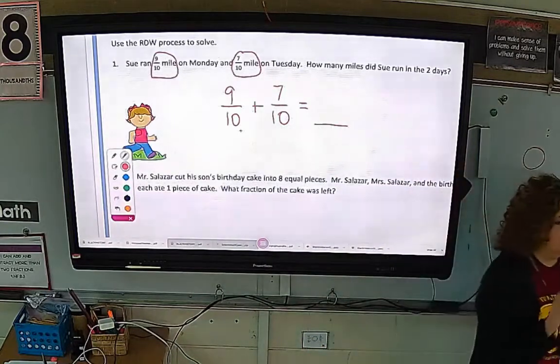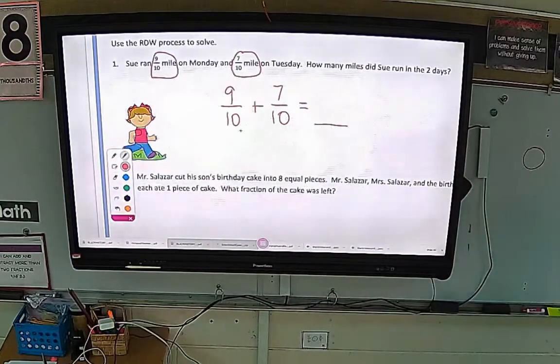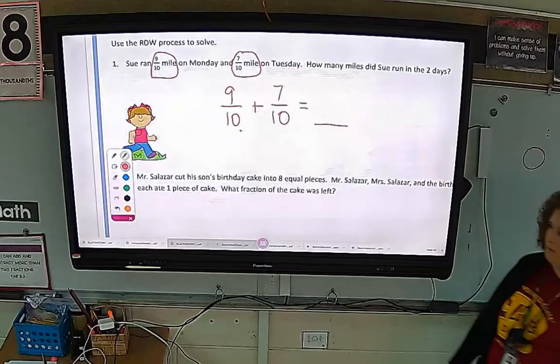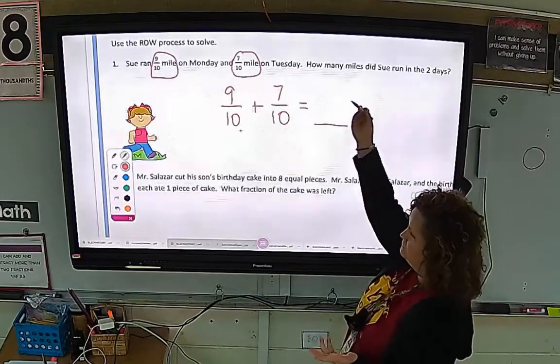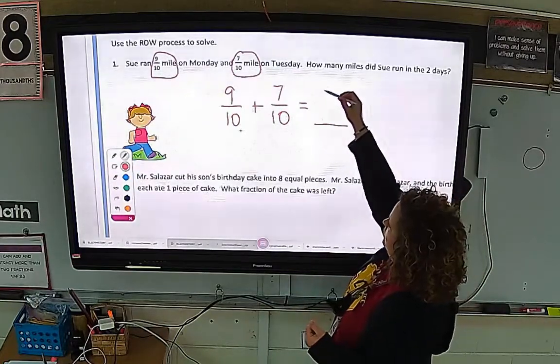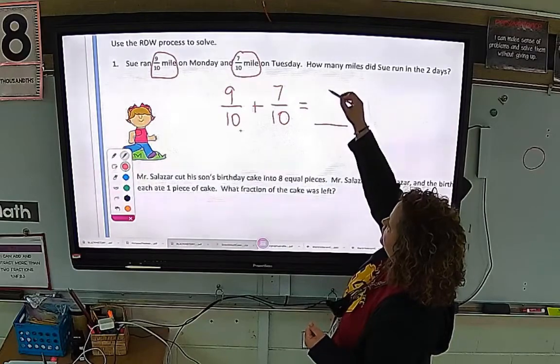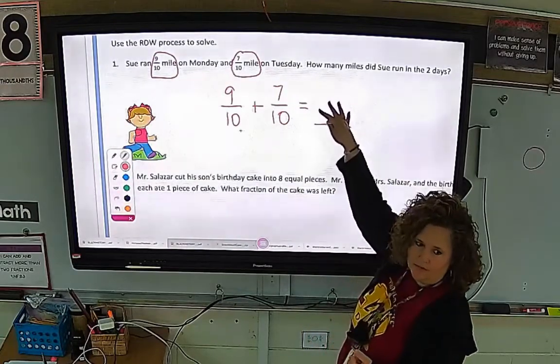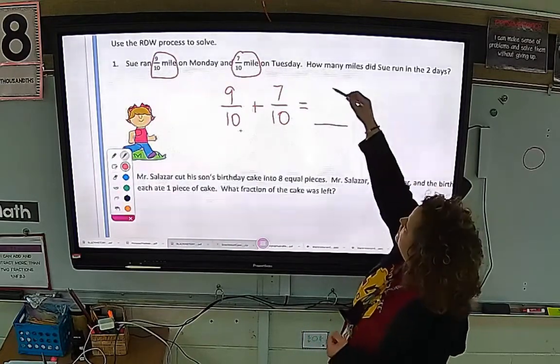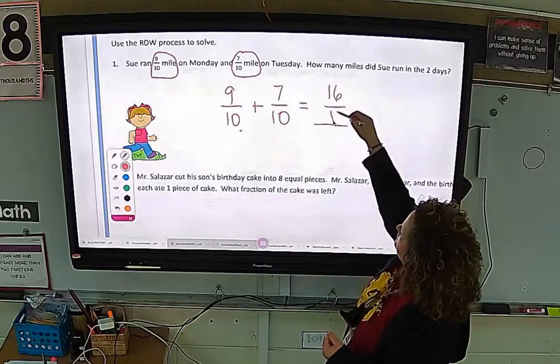Now, because it wants to know how many miles, you are going to need to change the answer to a mixed number. Okay. What would our improper fraction be? 16/10.